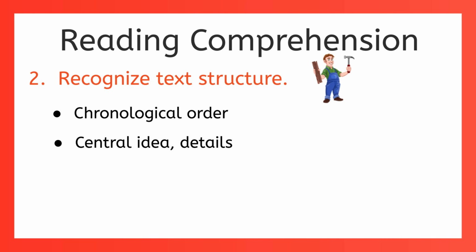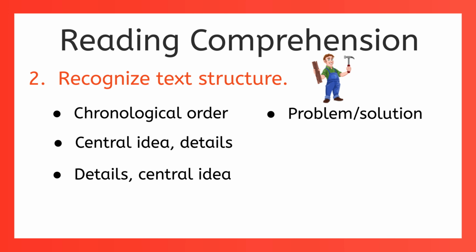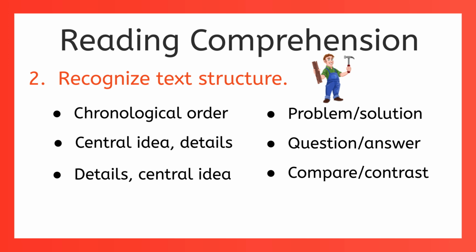Or sometimes they put the details up front and end with the central idea. Authors sometimes present a problem and then offer solutions, pose a question and then answer it, or write to compare and contrast two different topics. Recognizing an author's text structure will help you comprehend the author's meaning.